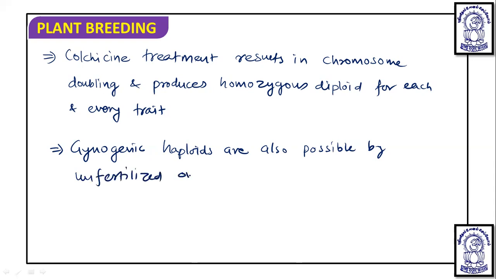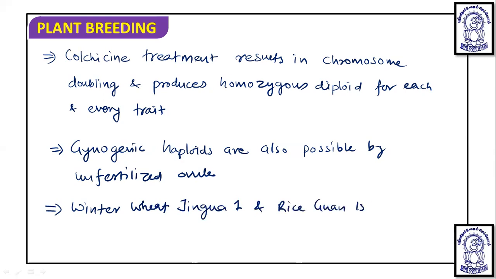Means if unfertilized ovules are developed like the anther or pollens, then they also can give rise to haploid embryoids. And now it is known that winter wheat variety like Jingua 1 and rice Kuan 18 are two important varieties produced by this technique.